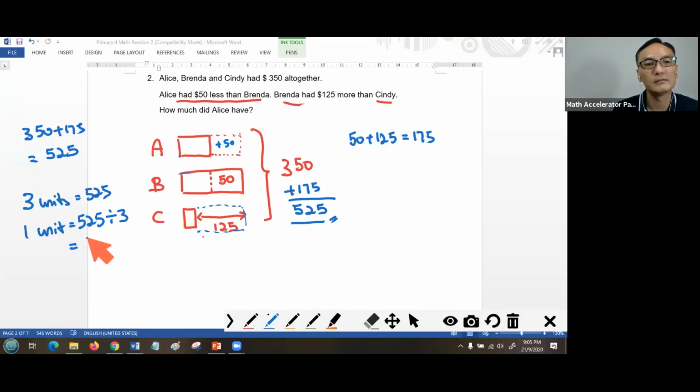$175, right? 175. So now we need to find Alice. So if we know that Brenda, here to here, is 175, and Alice is $50 less than Brenda, can you let me know the value of Alice?